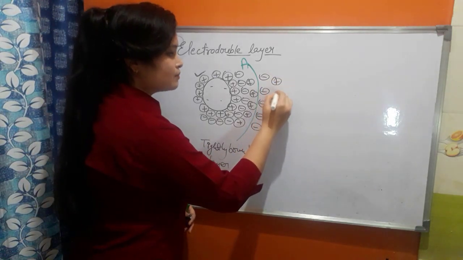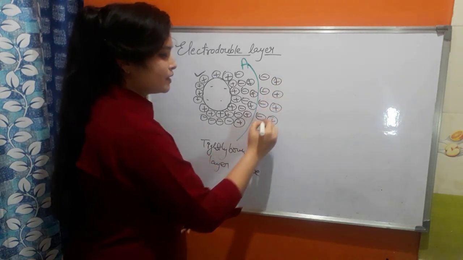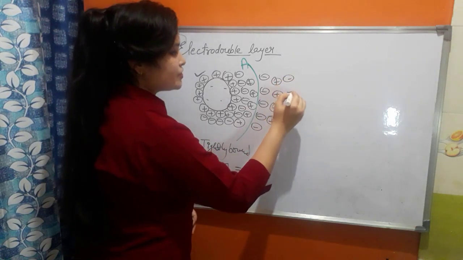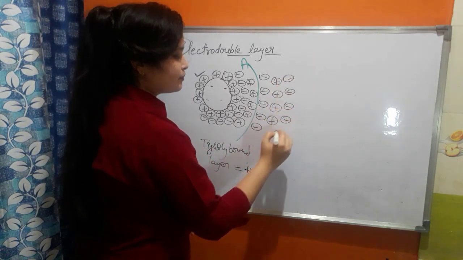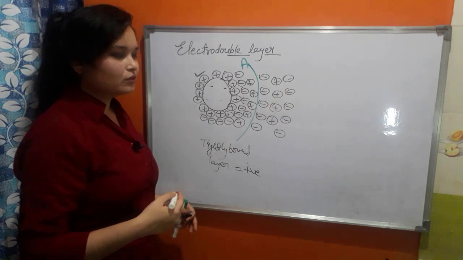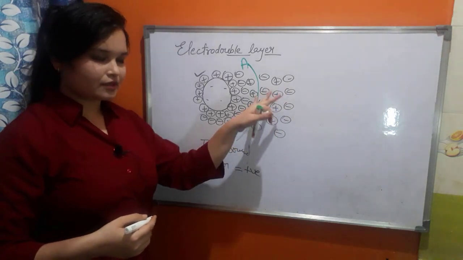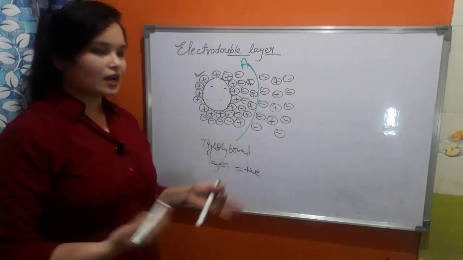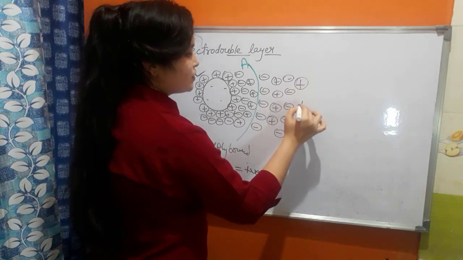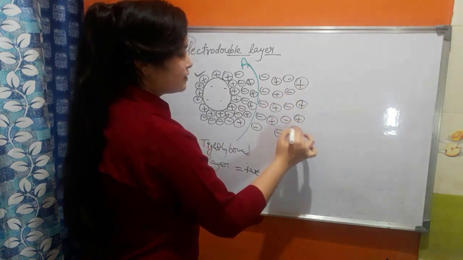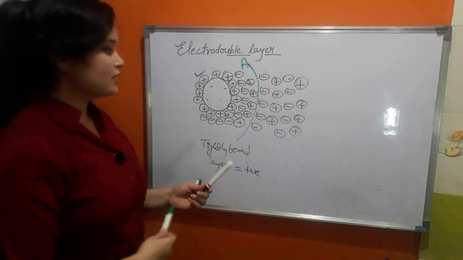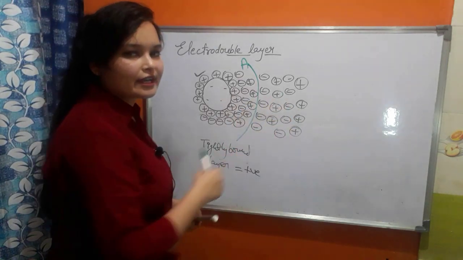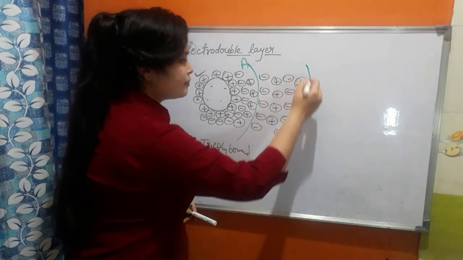Positive charge will come and then negative charge again. So something like this will be formed. Again, after positive charge and negative charge, you can see some positive charge is coming back. You see, one more layer is forming here. You name it B.